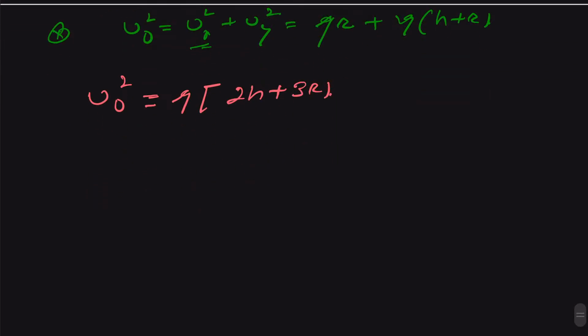So our minimum velocity will be equal to the square root of g times 2h plus 3r, and this is for part B.